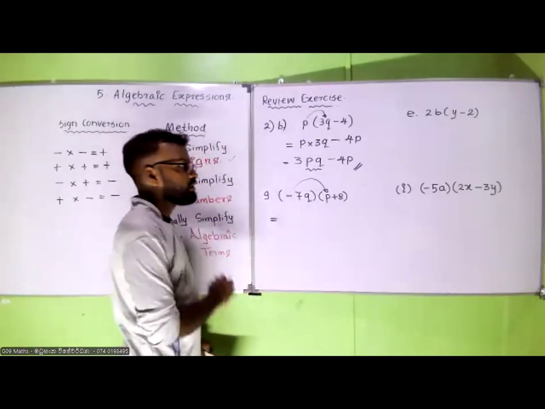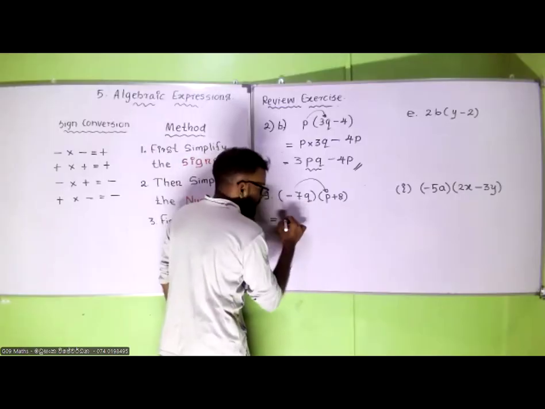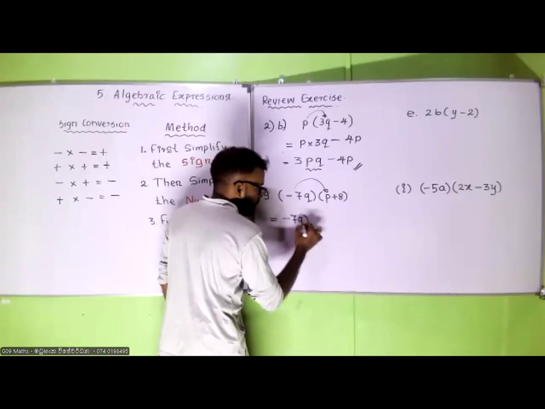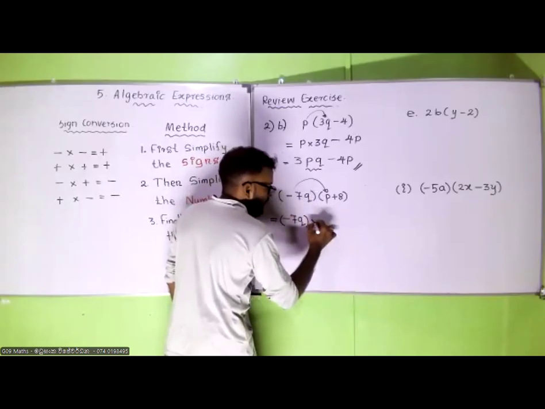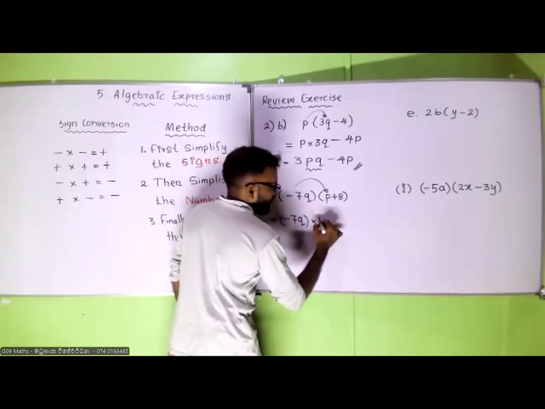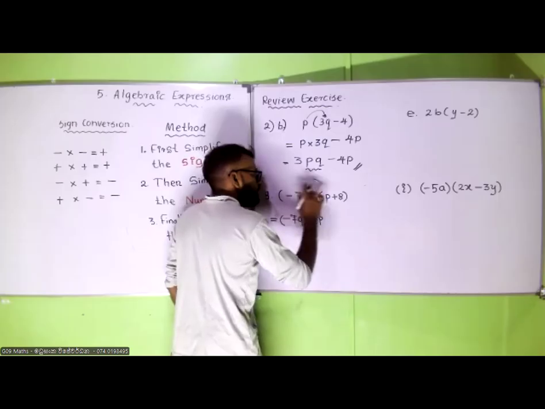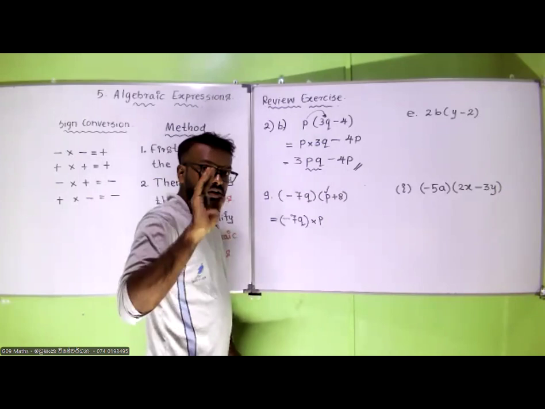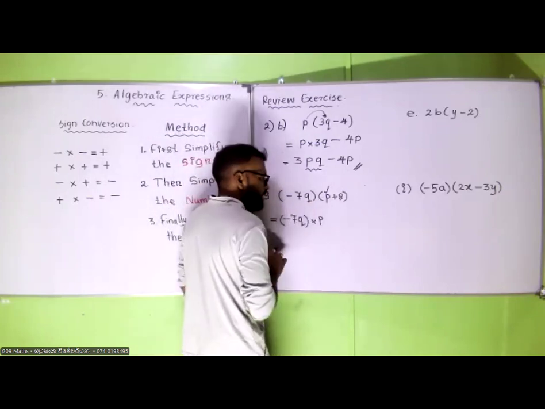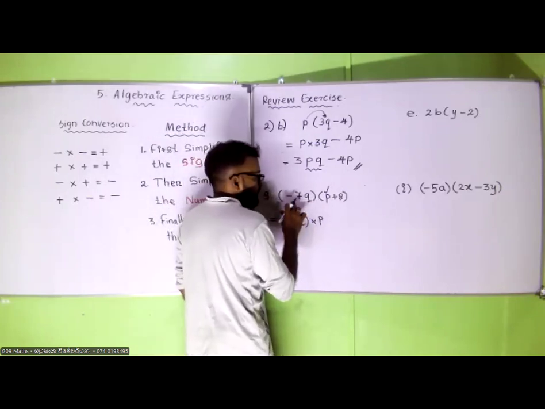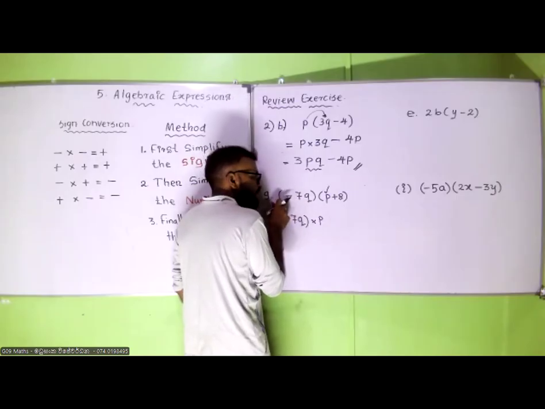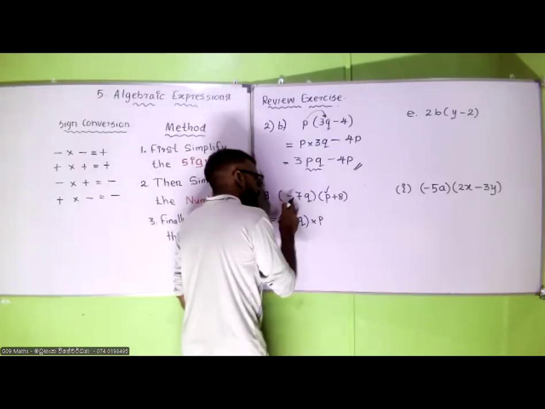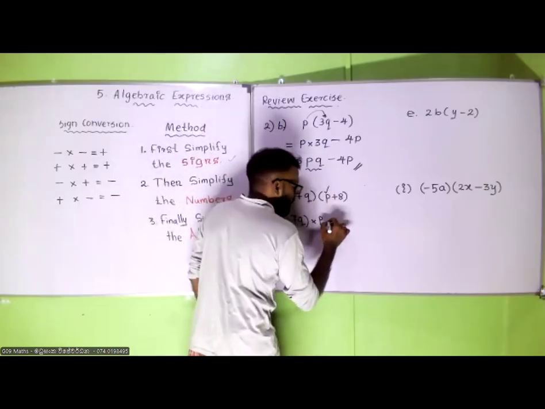First of all, I will use this term, negative 7q, multiply by t. This is done. Now what I am going to do is negative into positive, negative.